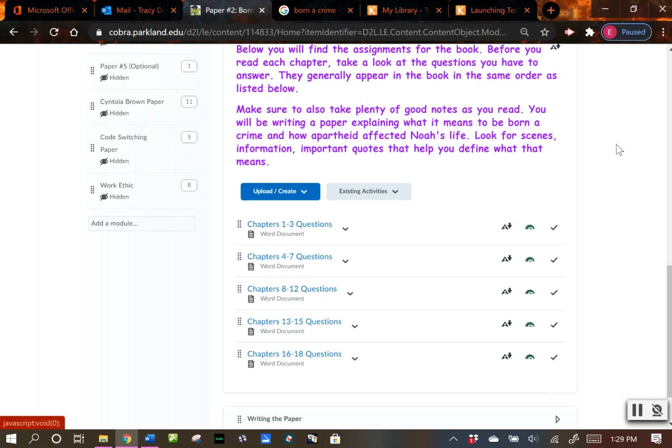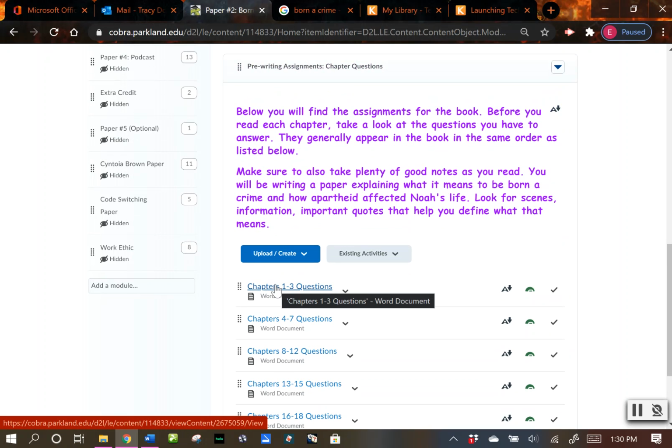But you'll need to go and read the entire book, and then there are questions here for each chapter. So I would suggest before you start a chapter, go read through these questions, and then as you see the questions come up in the book, answer the questions with the worksheet. And the questions do sort of go in order as they appear in the book, so hopefully that will help you.